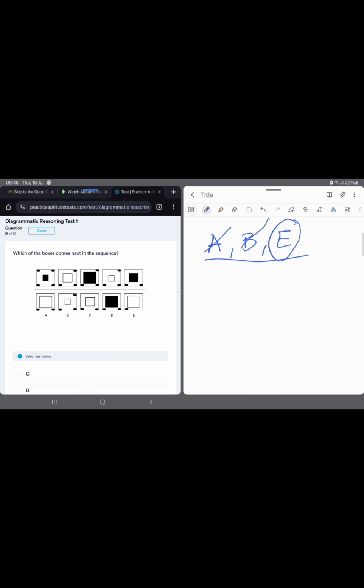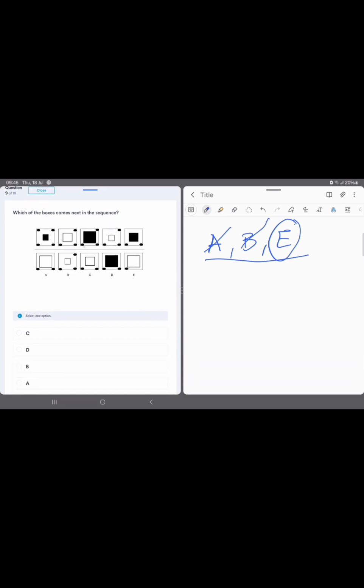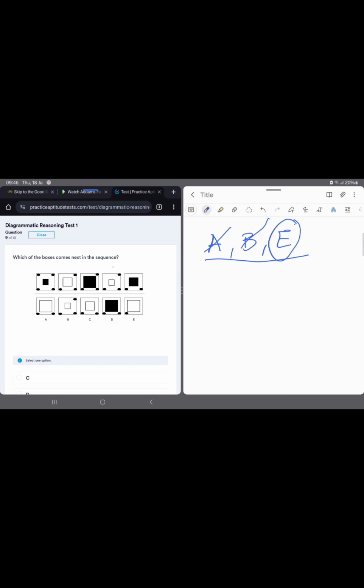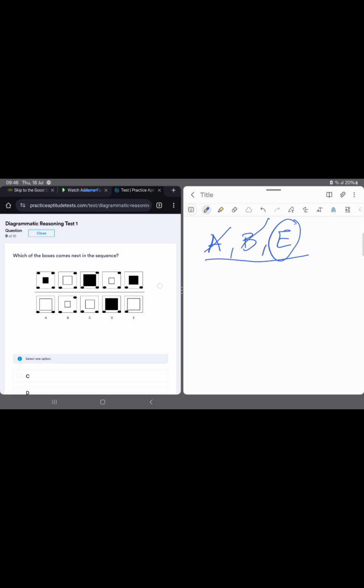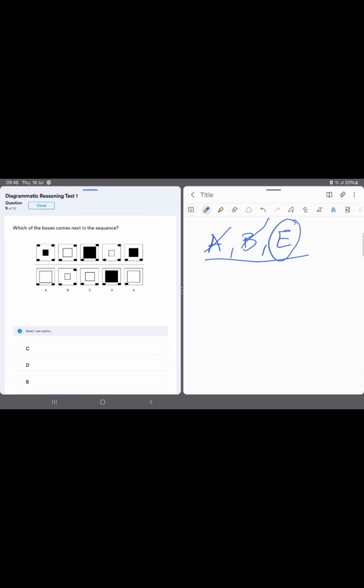And after that we have 2 of them. I believe that we need to have 2 ovals in the next 2 diagrams as well. So that leaves us with options A, C, and D as our potential solutions.